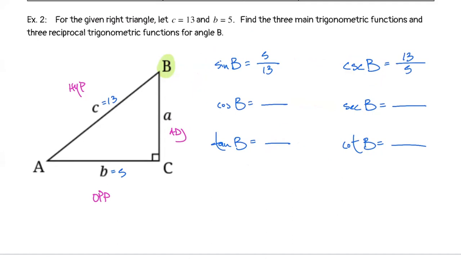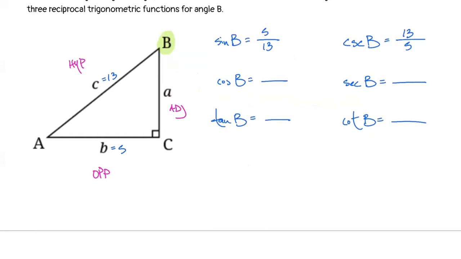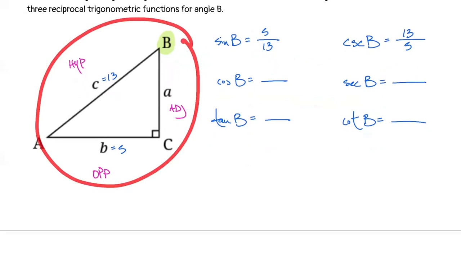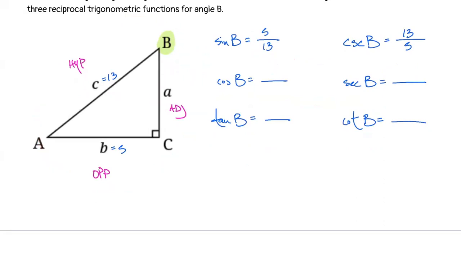Okay. All right. You folks have been so on top of using that Pythagorean identity. I hope that's something that you're thinking already. That's how we're going to find A, right? So if we do a little work off to the side, A squared plus B squared equals C squared, and we get A squared plus 5 squared equals 13 squared.